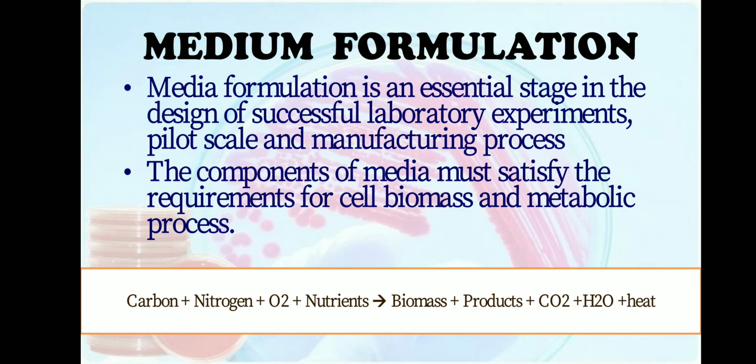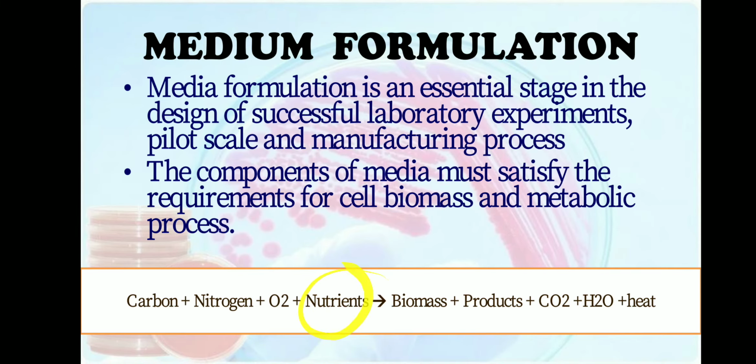An industrial medium should contain all the essential requirements for the production of the product or to increase the cell biomass. Now, the media usually contains a carbon source and a nitrogen source. If it is an aerobic fermentation process, then oxygen is required.